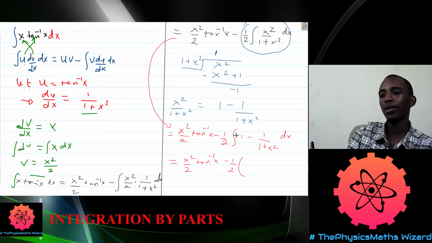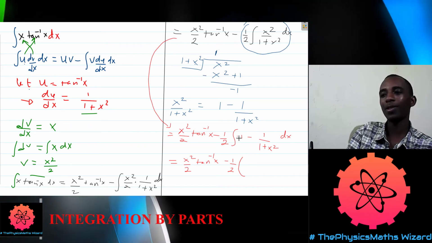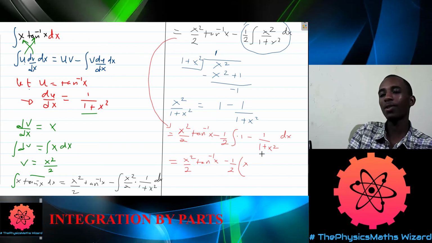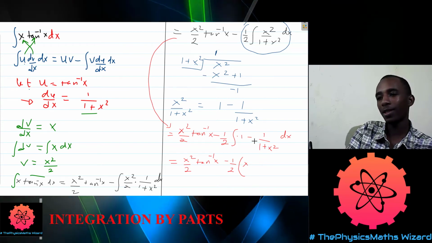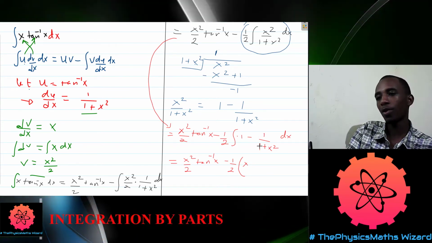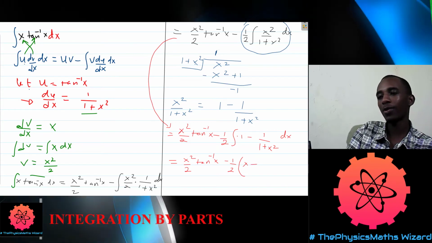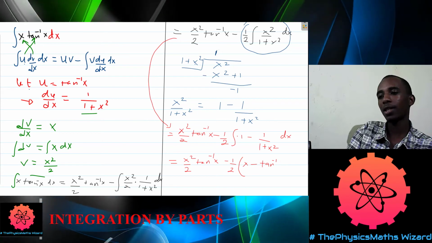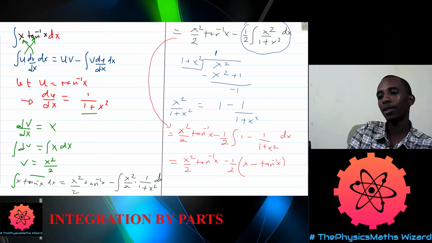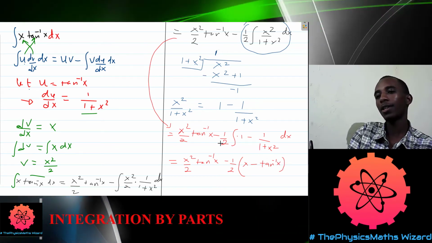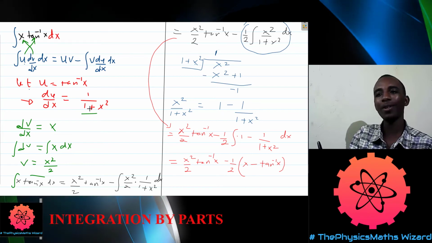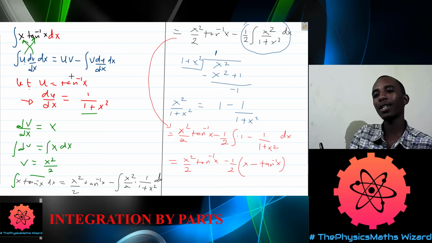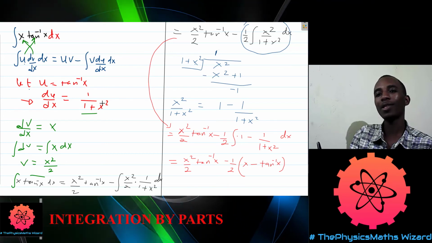So let's see what happens if we do this integral here. The integral of 1 with respect to x is x. And then the integral of 1 over 1 plus x squared, this is a standard integral. It's arctan of x. You can see that from here, by the way. When I take the derivative of arctan of x, it's 1 over 1 plus x squared.